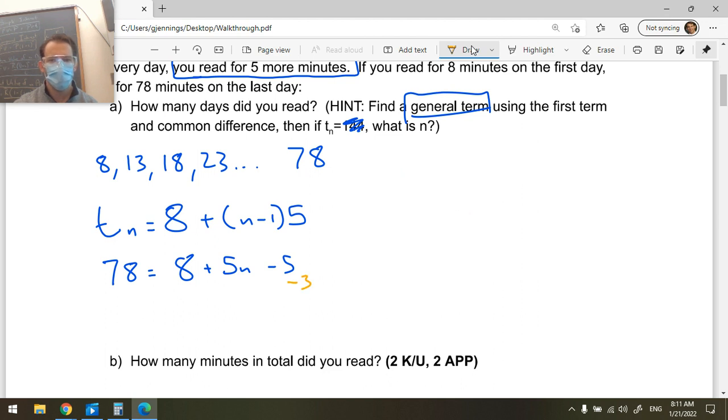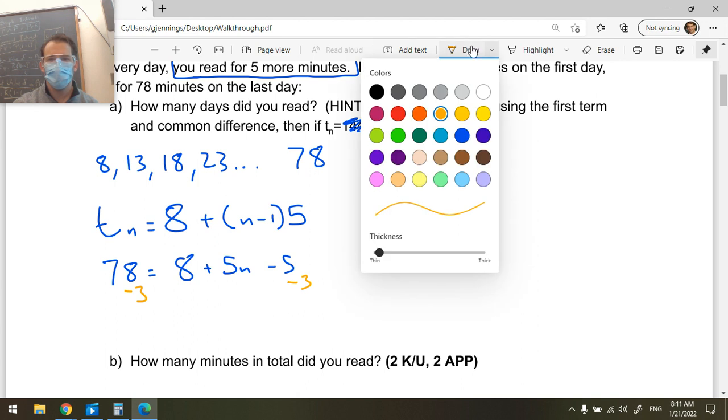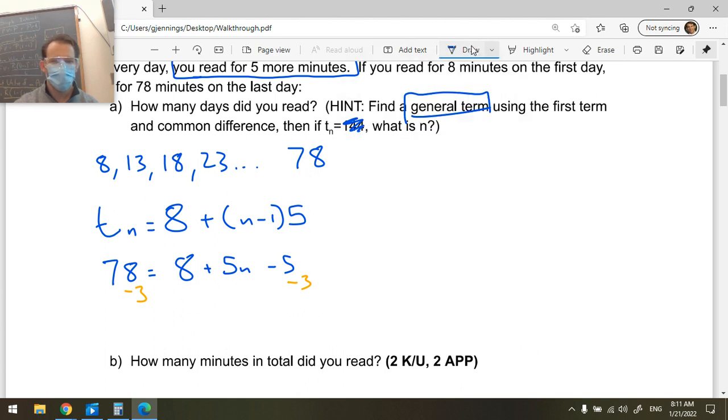So I subtract 3 and subtract 3. That gives me a new line of 75 equals 5n. Dividing by 5 gives me 15. n equals 15. So now I know that I've been doing this for 15 days.